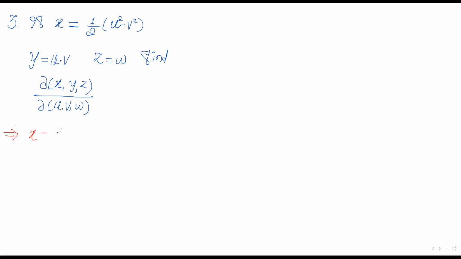X is given as half into u square minus v square, y is equal to u into v, and z is equal to simply w.